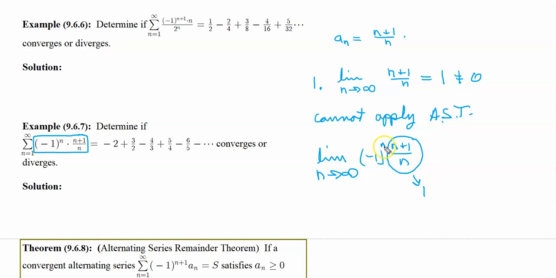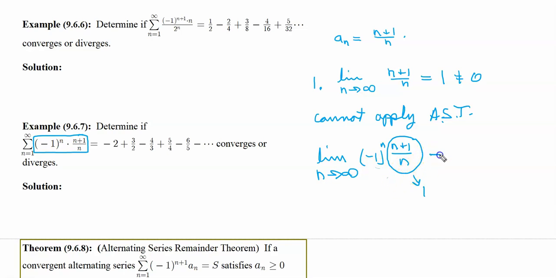This is creating an alternating pattern. So these terms are going to be oscillating between values that are very close to negative 1 and 1. So it'll be as if this series is going negative 1, 1, negative 1, 1, negative 1, 1.